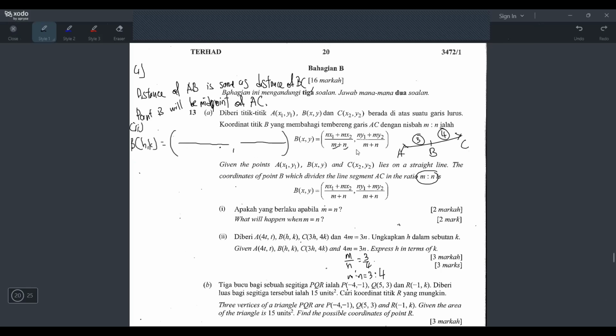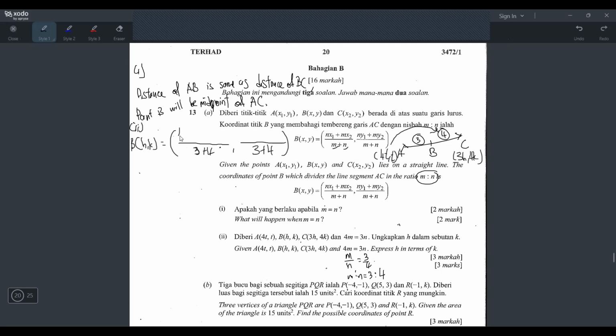Okay, the bottom one is m plus n, which is the ratio added together, so 3 plus 4, right? So on top you will take n times x1, because point A you already have (4t, t), and then point C you already have (3h, 4k). So what you do is you multiply the (4t, t) with the far ratio, right? That's why we call this x1, y1. So it means 4t times 4, t times 4.